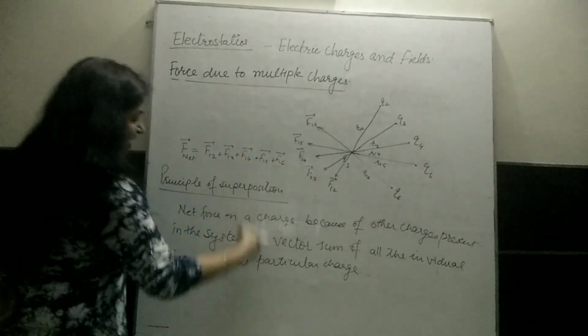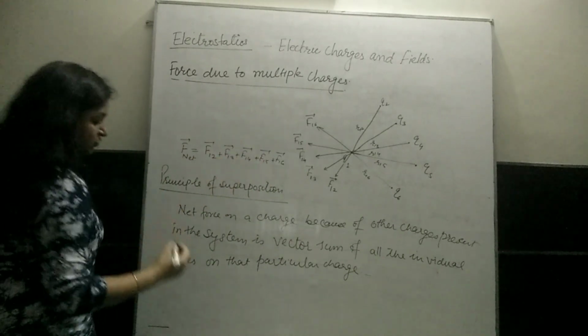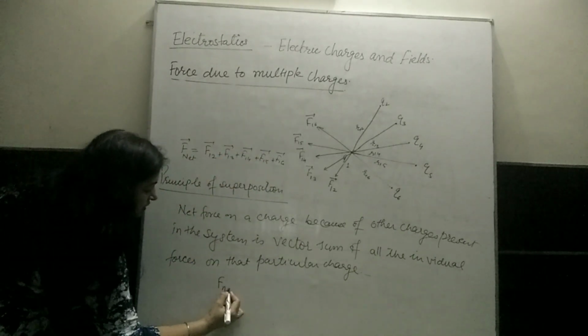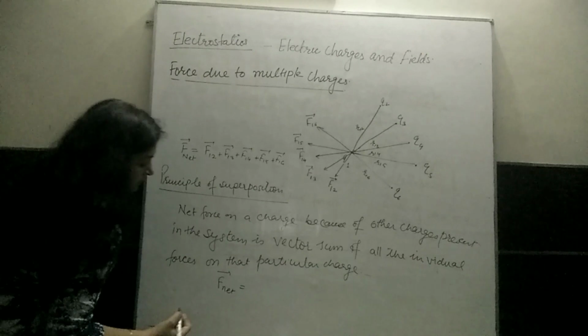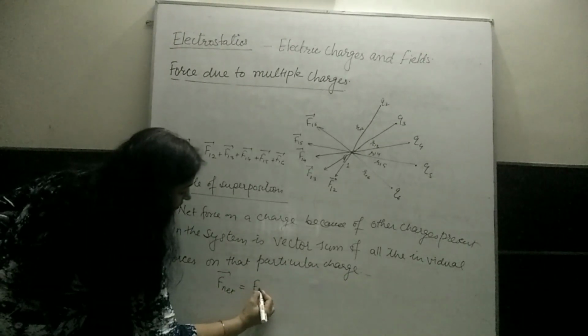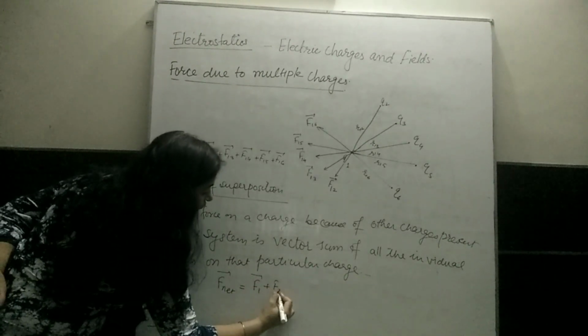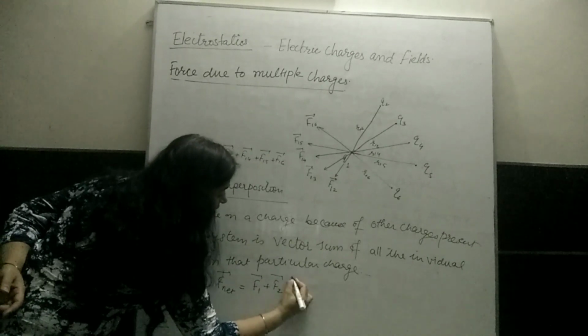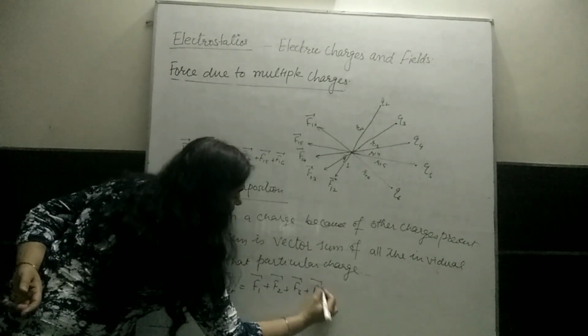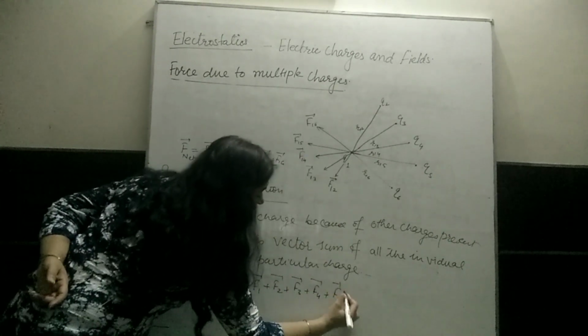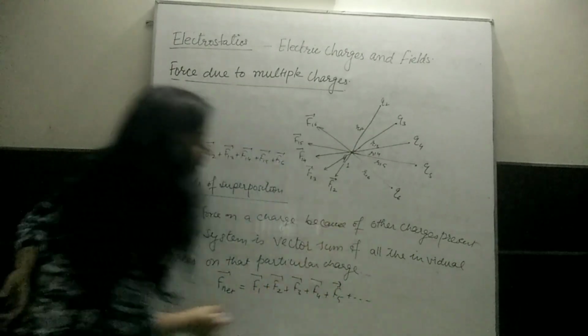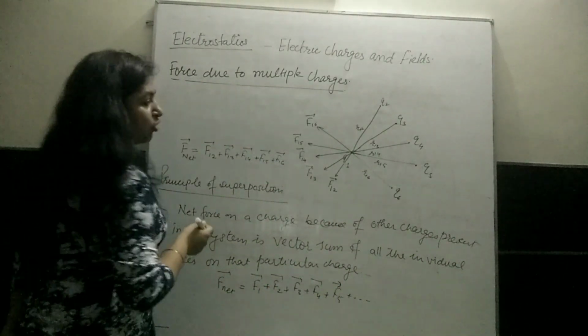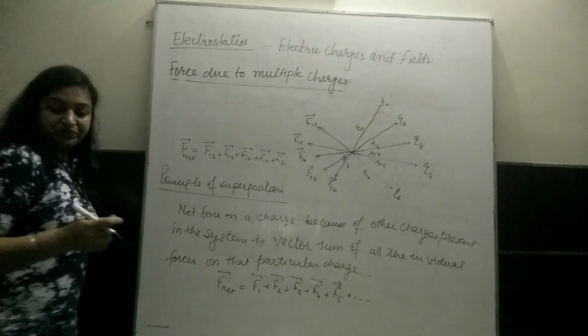So if I want to find the resultant force on a particular charge, that would be the vector sum of all the forces taken separately due to the other charges present in the system. So this is the principle of superposition.